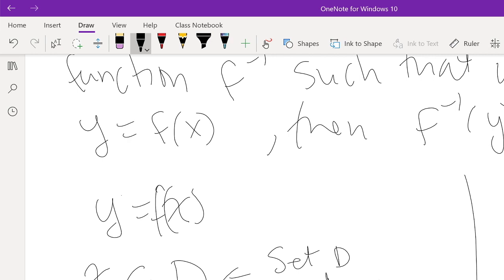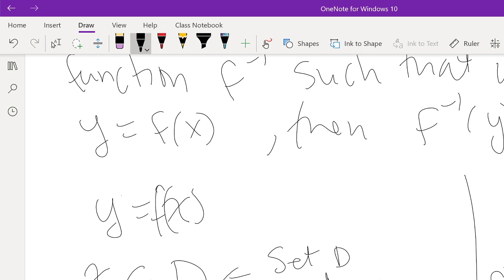Now on the other end here, when we flip this around, we have our set y is now an element of the set R, right?